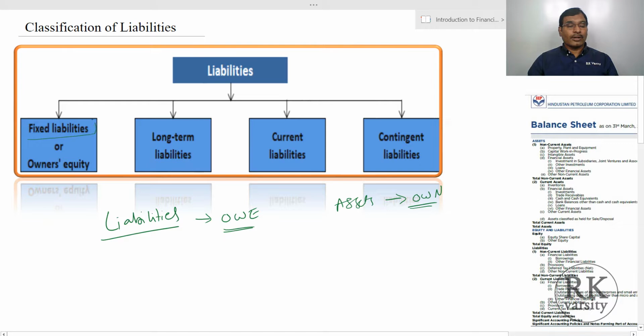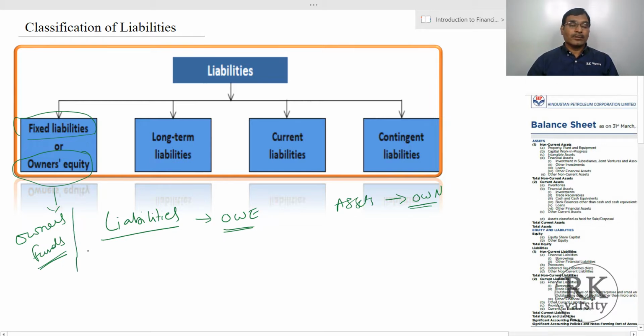When you're talking about fixed liabilities, this is about the owner's equity. This amount belongs to the owners who provided funds to start this company or entity. According to one of the rules of business, once a business is legally formed, it differentiates itself from the owners.